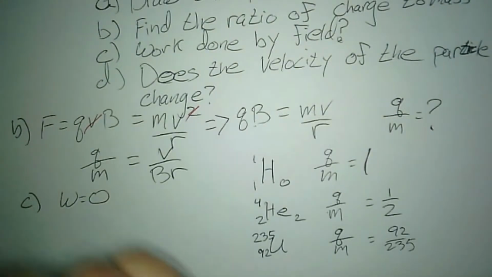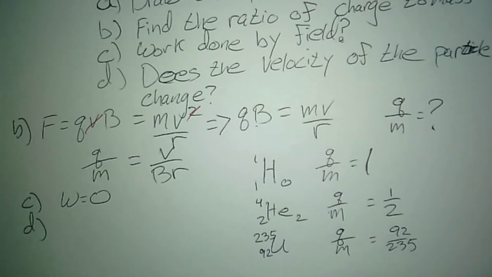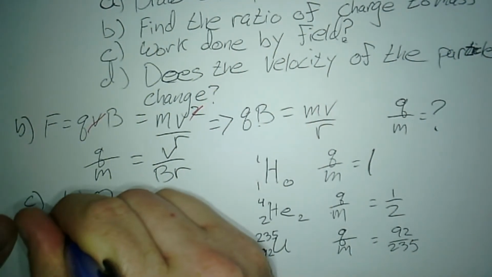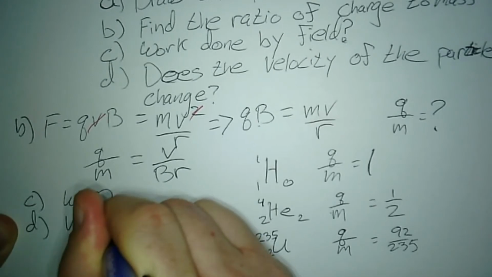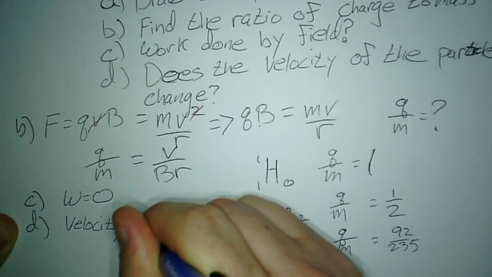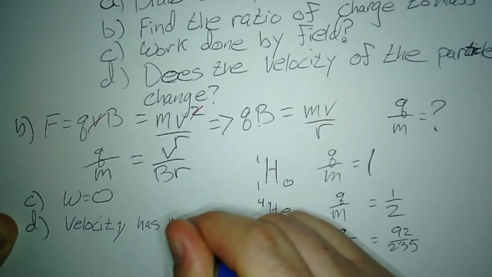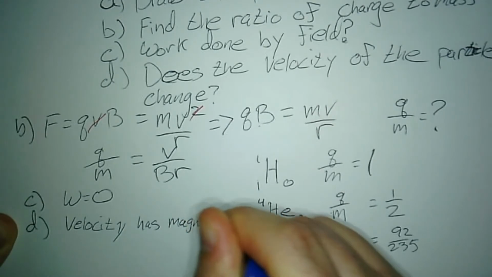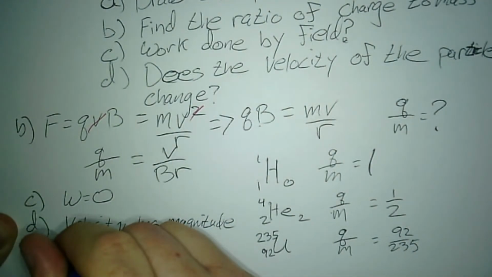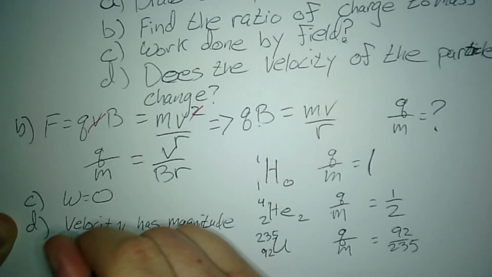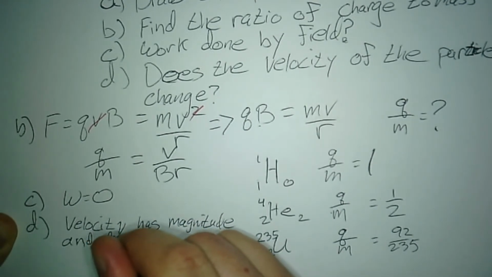I don't remember if I said it correctly in the last video, but one thing we need to know is that the velocity does change, because velocity has magnitude and direction. The direction is what's changing, because velocity is a vector.